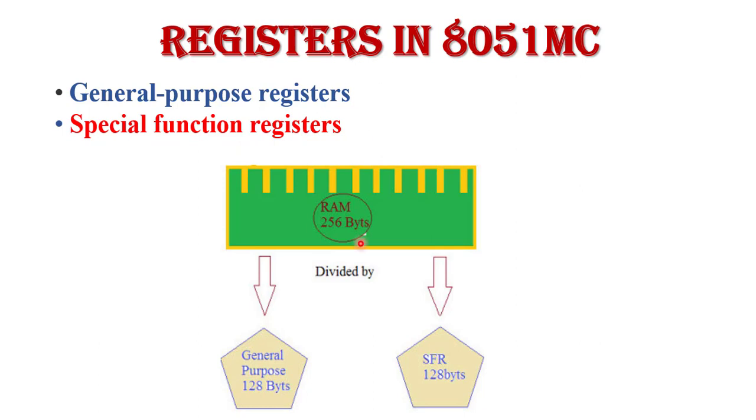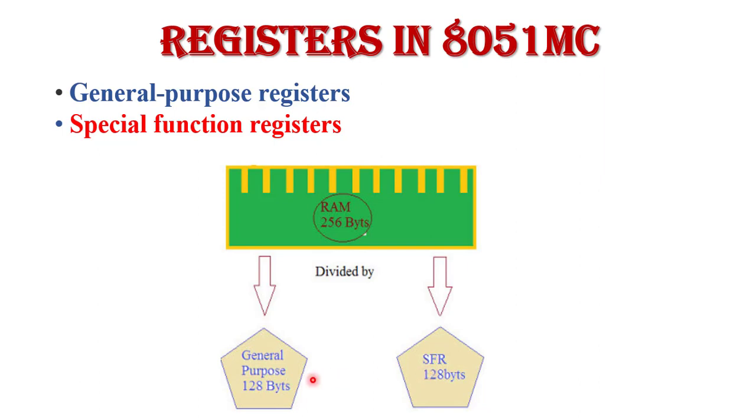As we know, the 8051 microcontroller basically consists of 256 bytes of RAM. RAM is the data memory in the 8051 microcontroller, which is divided into two parts: 128 bytes of general purpose memory and 128 bytes for special function memory, that is called special function register.